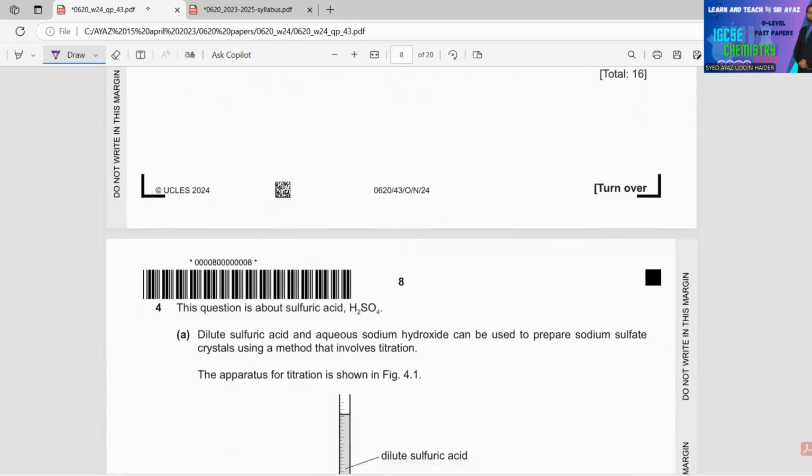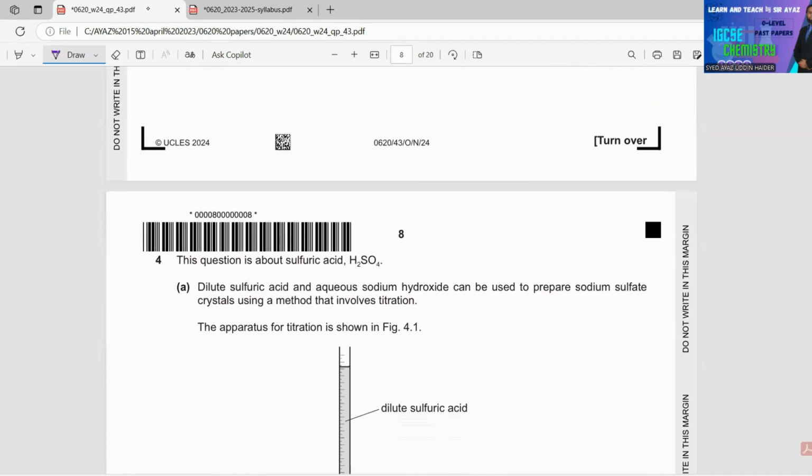Moving to the next question, which is question number 4. This question is about sulfuric acid, H2SO4. A. Dilute sulfuric acid and aqueous sodium hydroxide can be used to prepare sodium sulfate crystals using a method that involves titration.